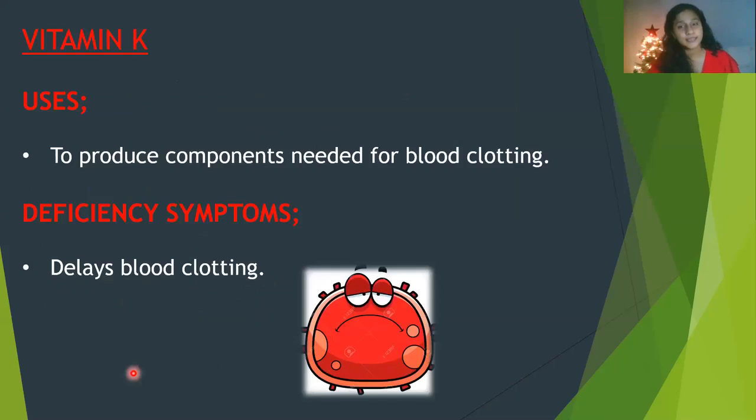And now we are coming to the vitamins which are insoluble in water but soluble in fat. Vitamin K: the use is to produce components needed for blood clotting, and the deficiency symptom is delayed blood clotting.